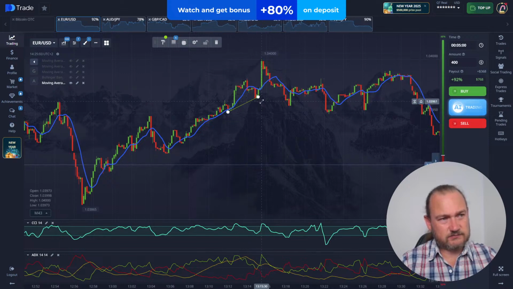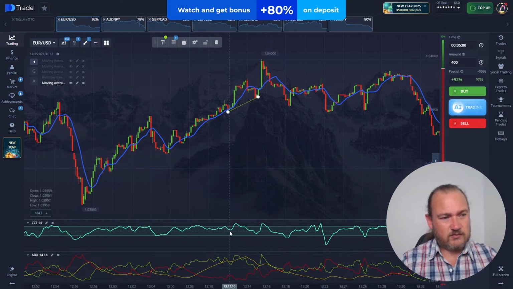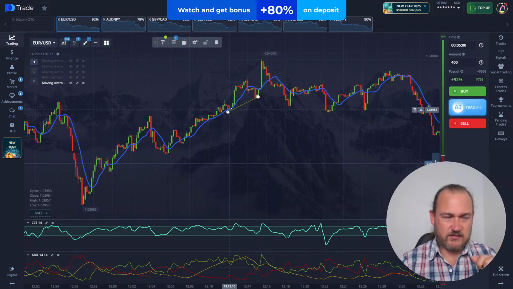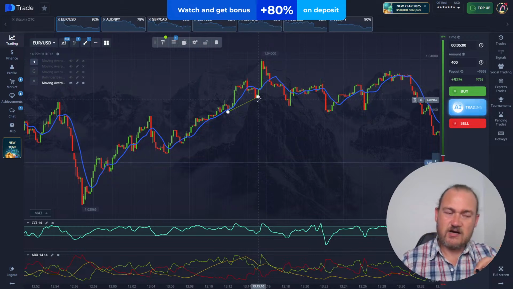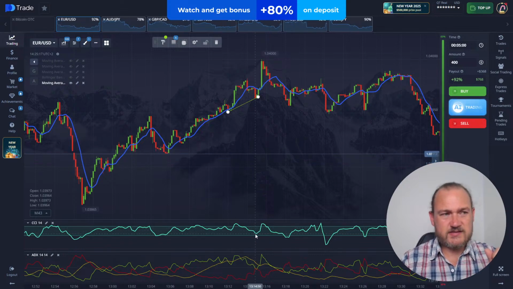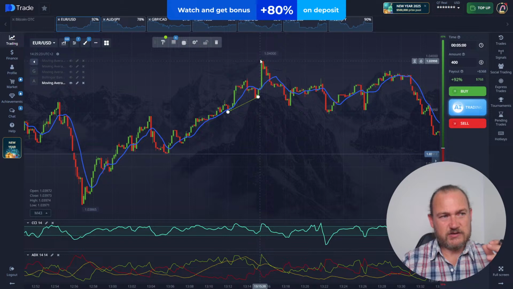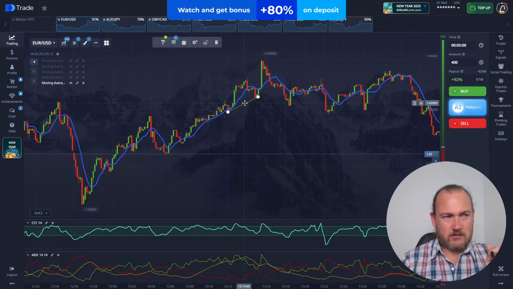Came back down, made a new low, and we can see that this low that it formed was higher than this low here. So this is a higher low, but my indicator made a lower low. This is hidden divergence, and this would be a buy signal for us. You could have bought anywhere on that candle for 1 minute, would have been a good trade.